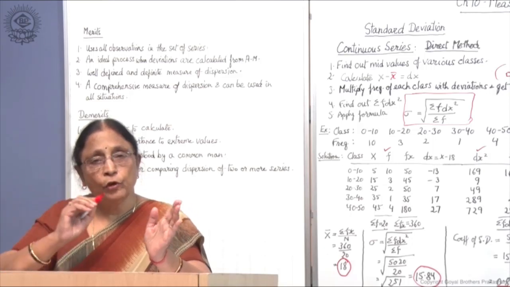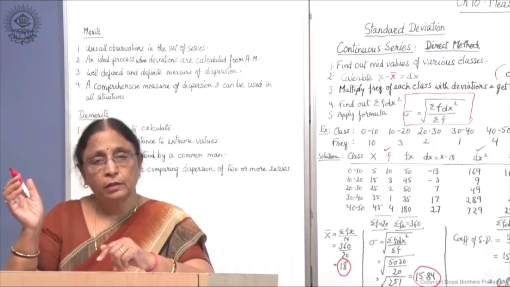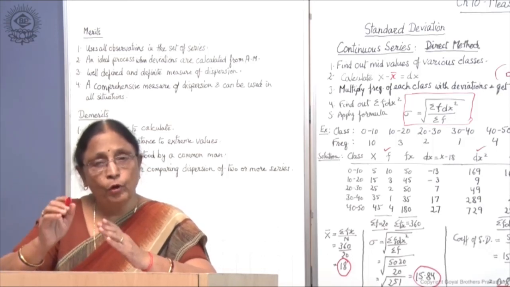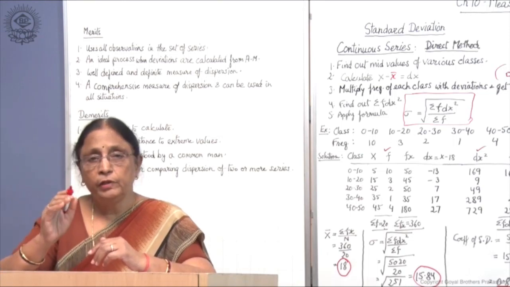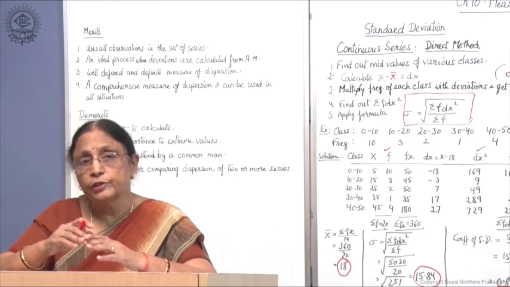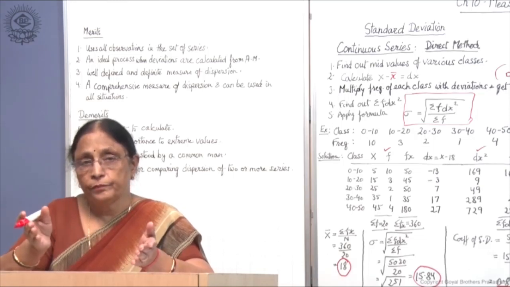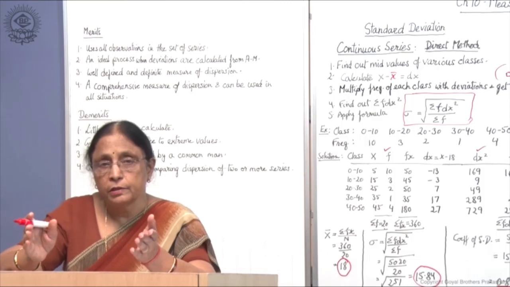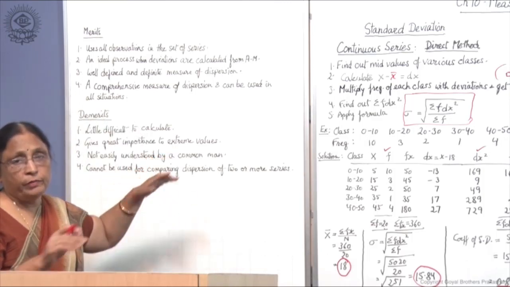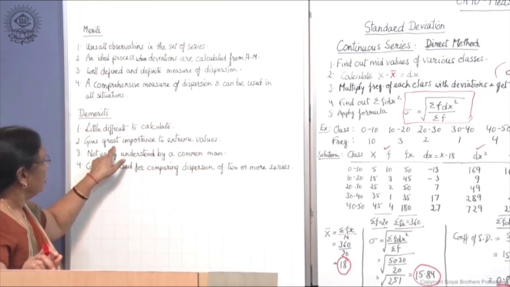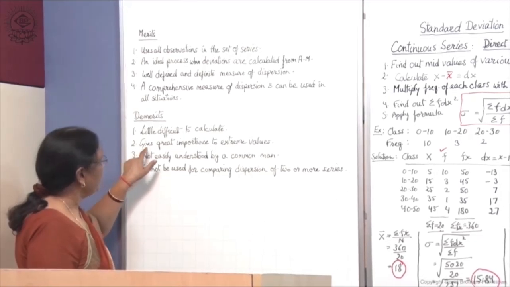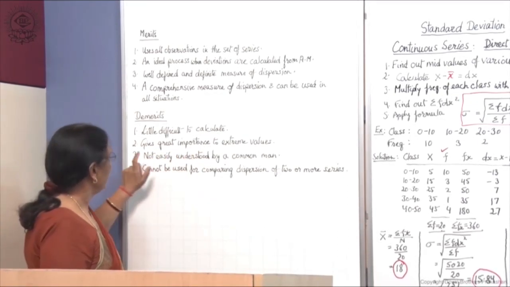If the values are ranging from 1 to 1 lakh, then the mean may be on the higher side. If more values are on the higher side, the mean will become higher. So sometimes it is giving great importance to extreme values, right. This is in case of the mean. If the values are extreme, quite different from each other or quite away from each other, then in that case this is a demerit.